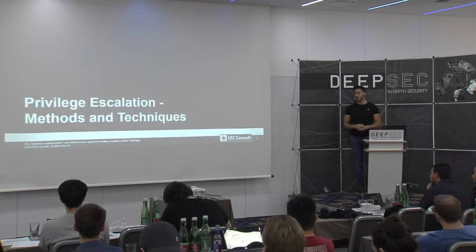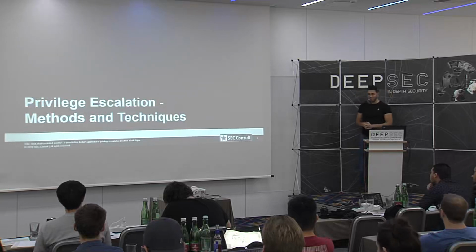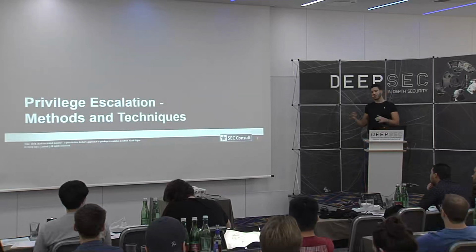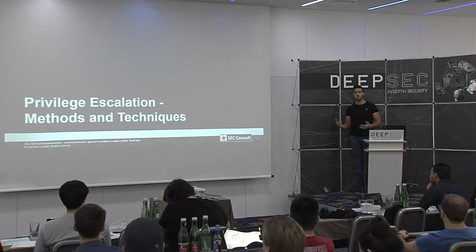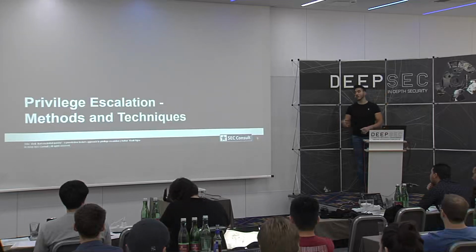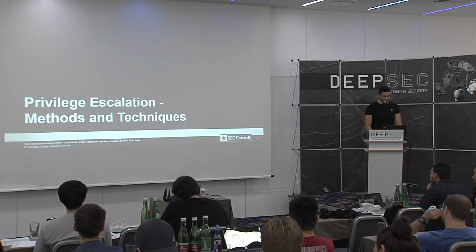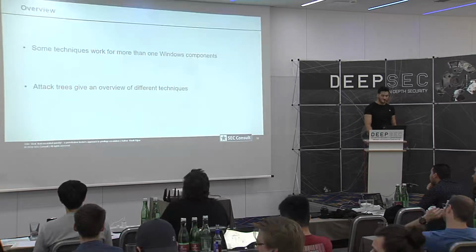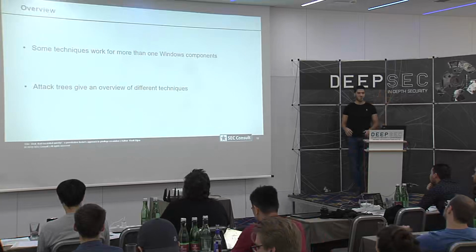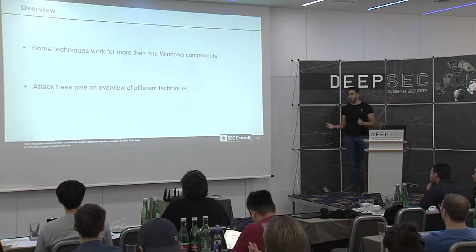Privilege escalation methods and techniques. We are mainly covering Windows, although many of the principles and concepts that you're going to learn here can also be applied on Linux. In general, some techniques work for more than one component.